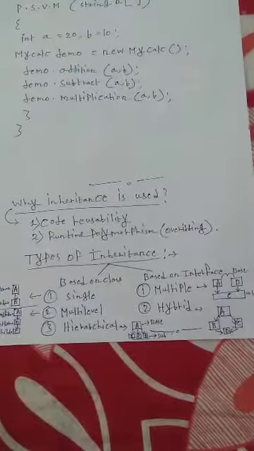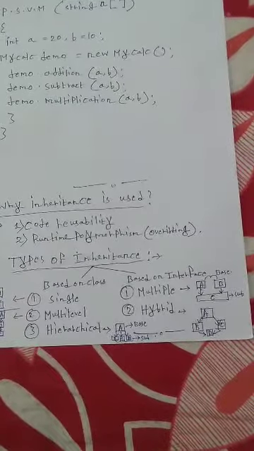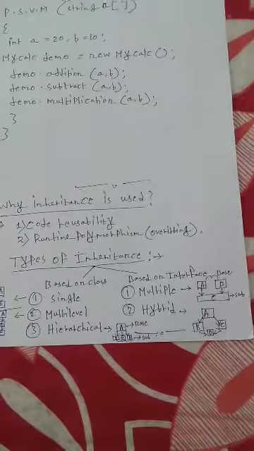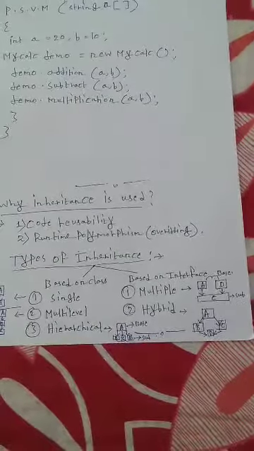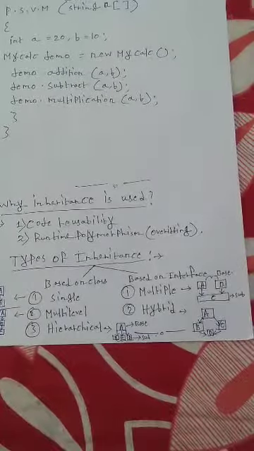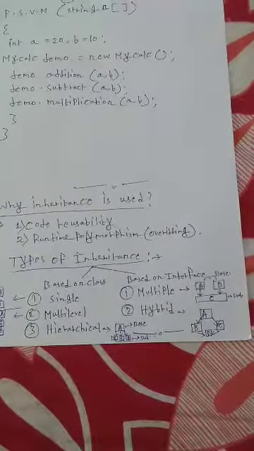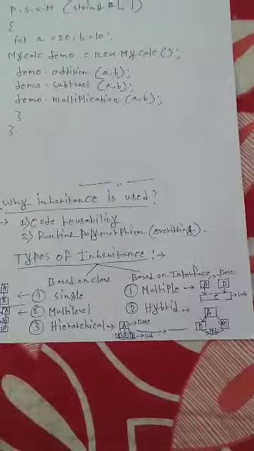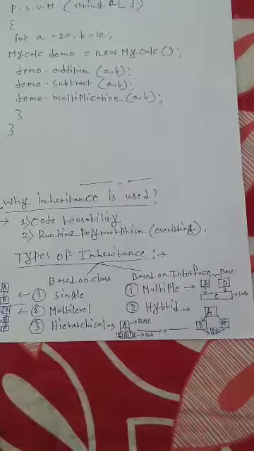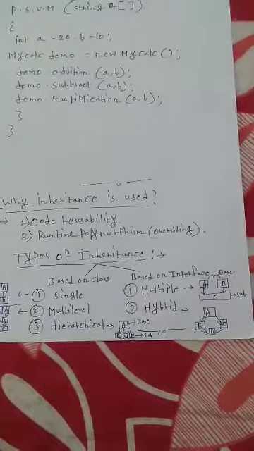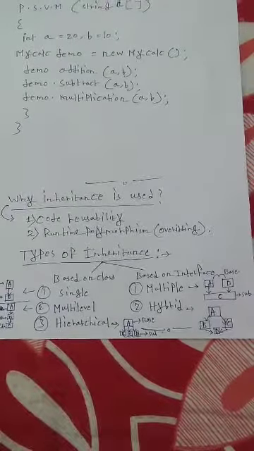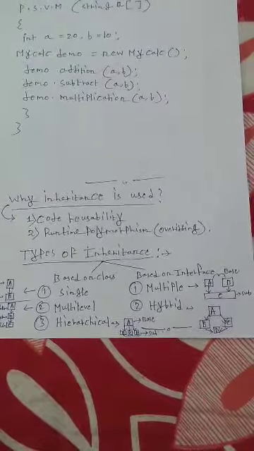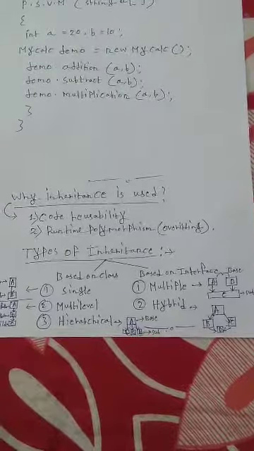This is hierarchical. Multiple inheritance means two base classes or more than two base classes, and from these base classes one child class will share the property of more than one base class. Hybrid inheritance is a mixture of different inheritances. It may be single and multi-level mixed, or hierarchical and multiple mixed.